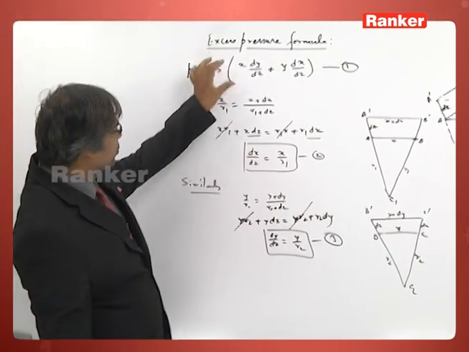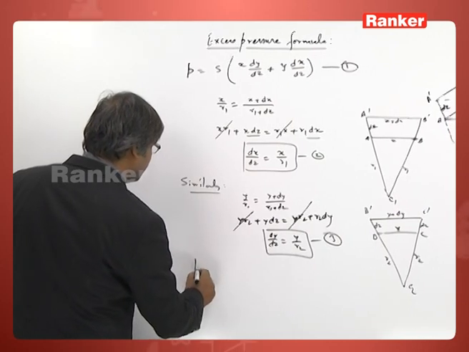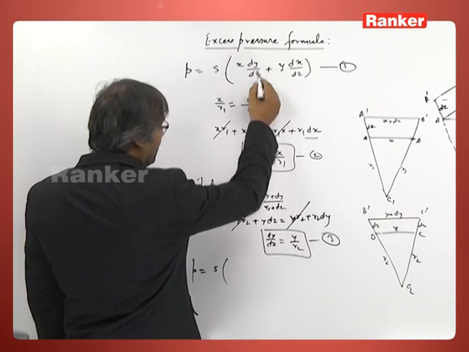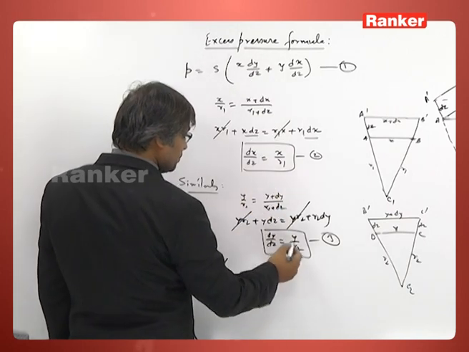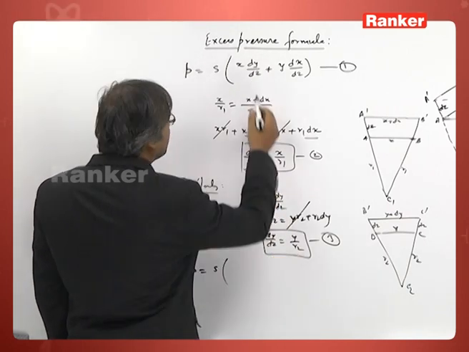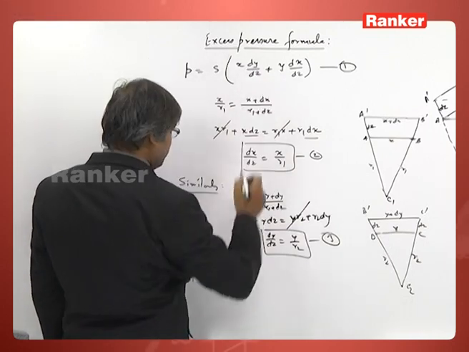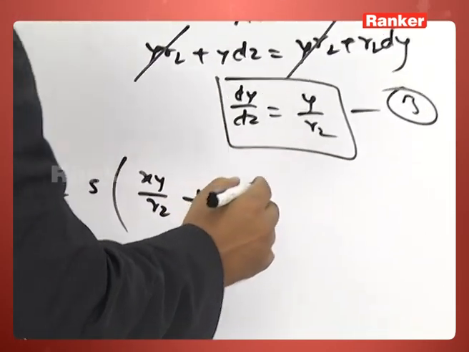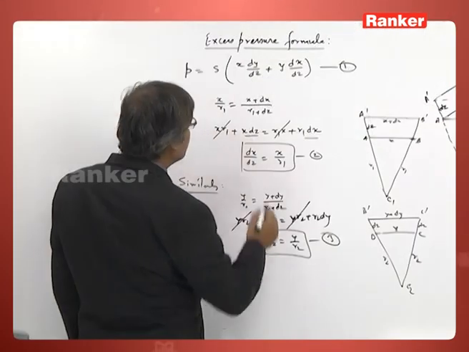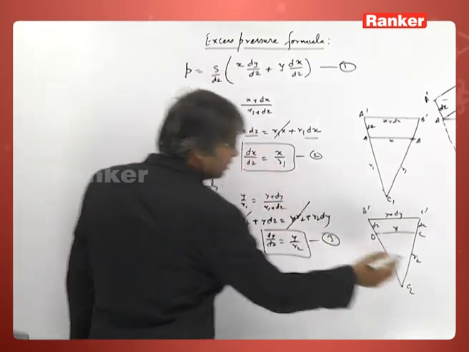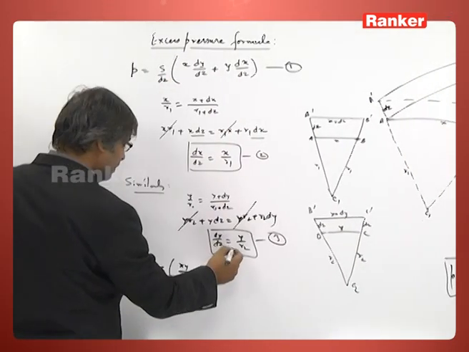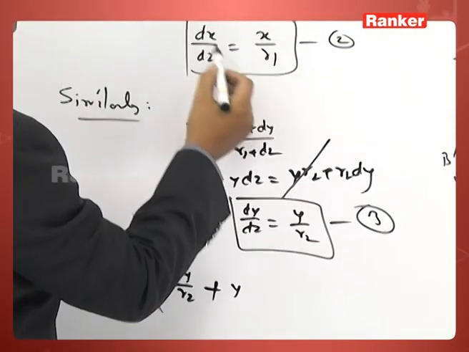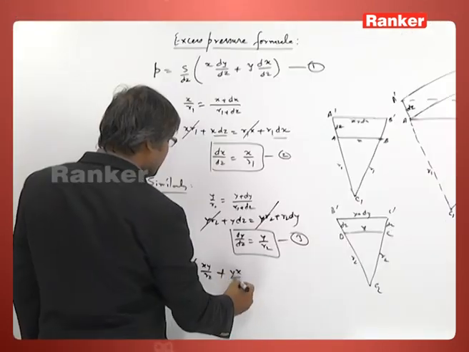Now we will substitute this here. So we get P is equal to x times dy by dz, which is y by R2, so x y by R2, plus, here dz is also there, y times dx by dz, which is x by R1, so x y by R1.